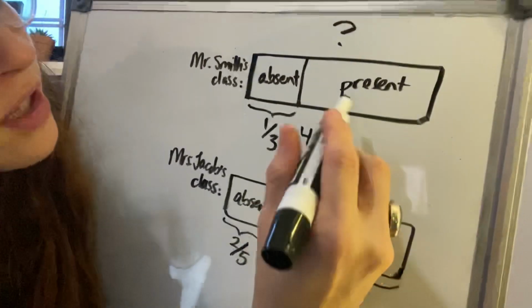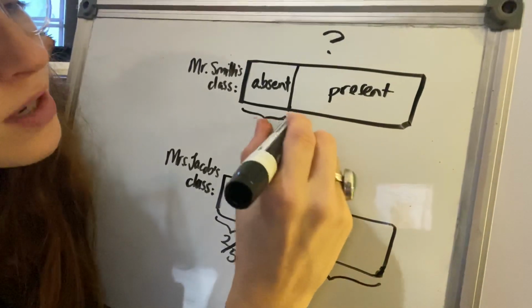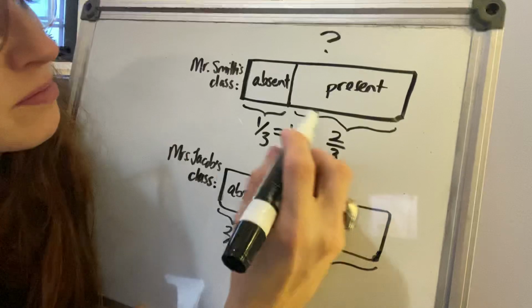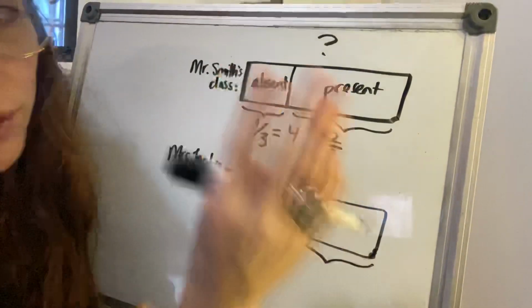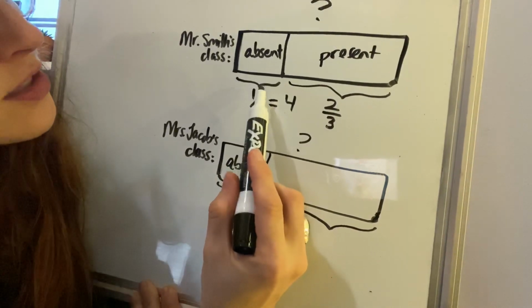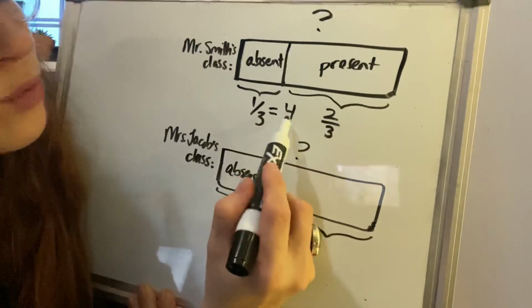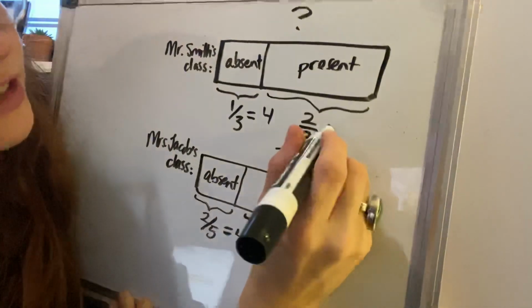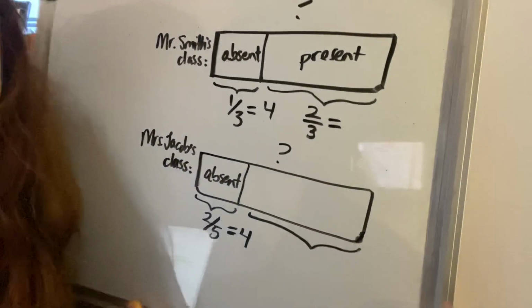That means we know that the students who are present are 2/3, because absent and present make up the whole class. So if 1/3 of the class is equal to 4 students, then how many students does 2/3 represent?